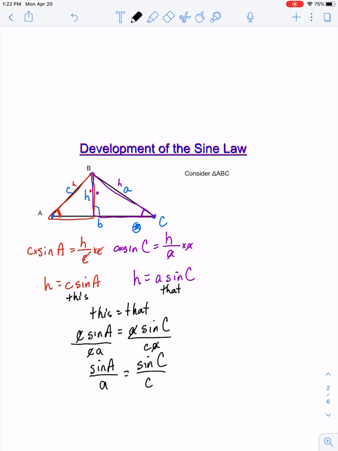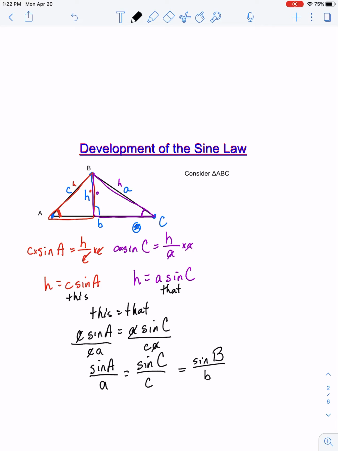And we could do this all over again and we would find that those two things also equal the sine of angle B divided by side b.